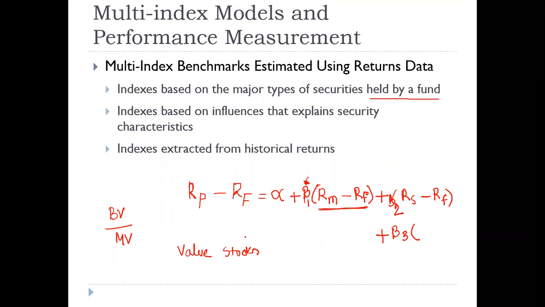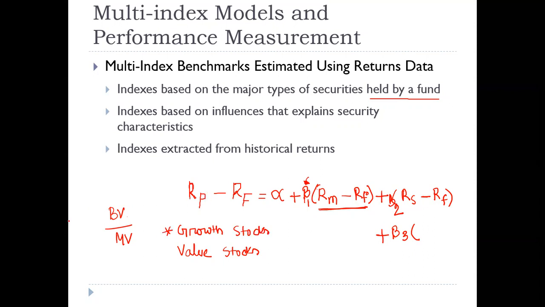Is it true? If the book value is a big number, market value is a small number, and we see this ratio is high, in that case we recognize these stocks as value stocks. Have you heard about growth stocks? Have you heard about this term?